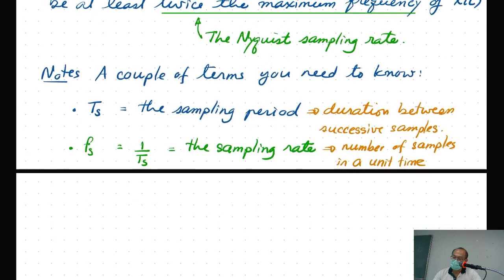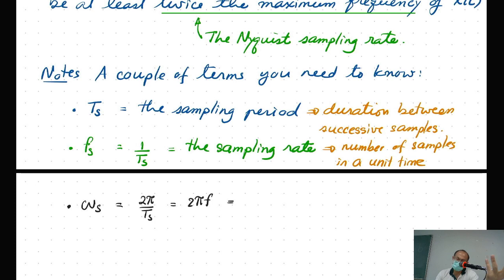And the next one is omega s, that we have been talking about. Omega s is actually 2 pi over Ts, and it's actually 2 pi Fs.